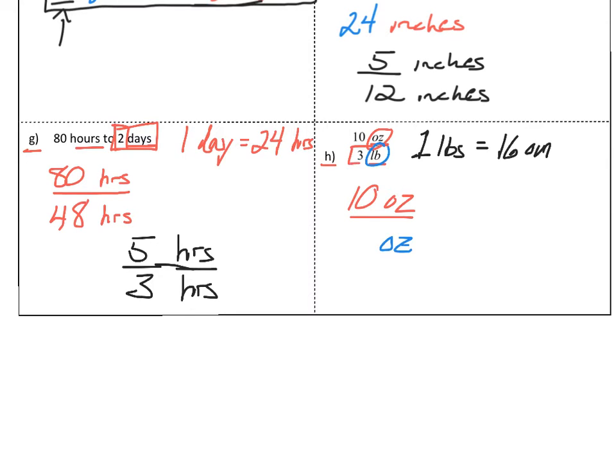So that means in 3 pounds, I'm going to end up with 48 ounces. All right, they're both even, so I can at least divide by 2, which is going to give me 5 to 24. Looks like that's as far as I'm going. And once again, both my units here are ounces.